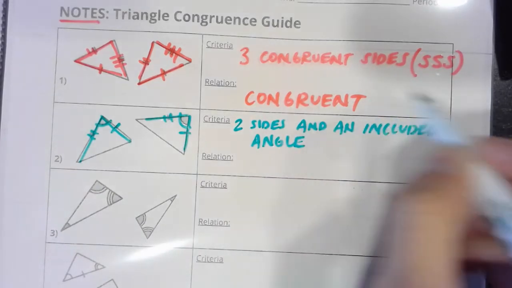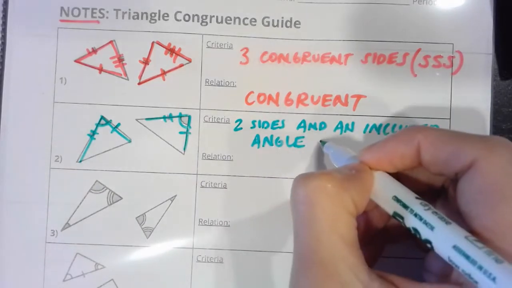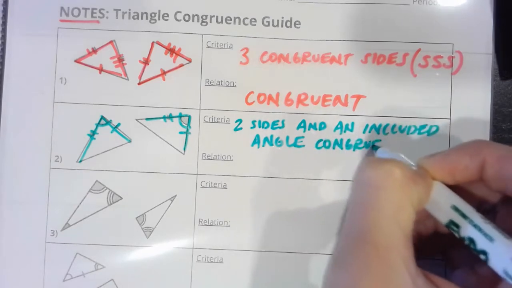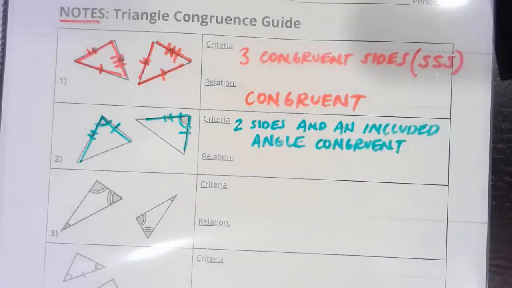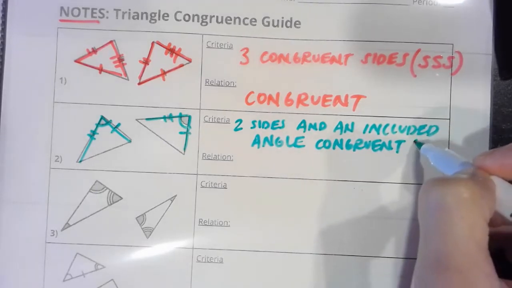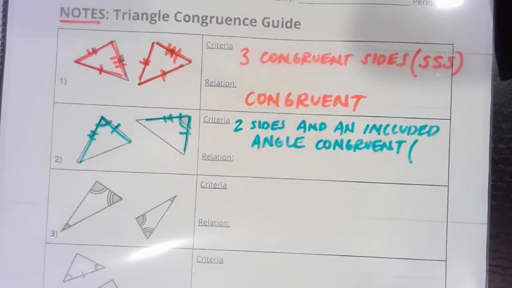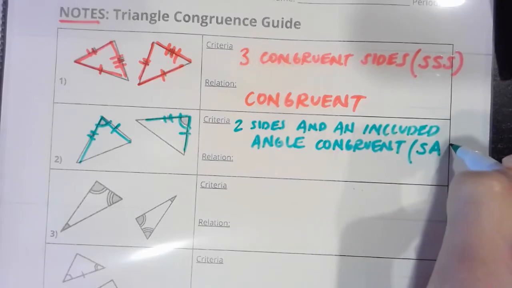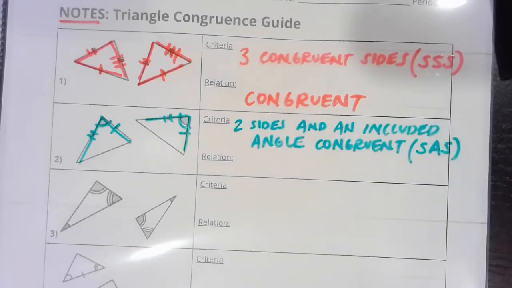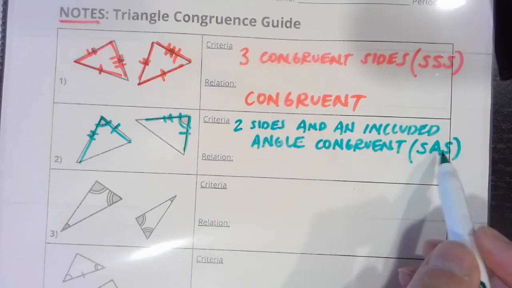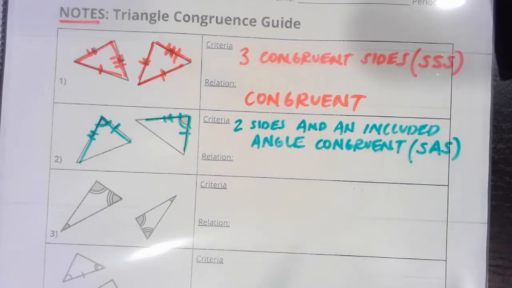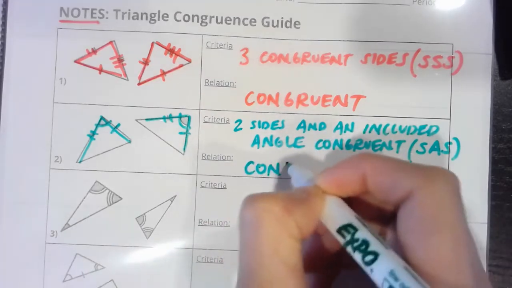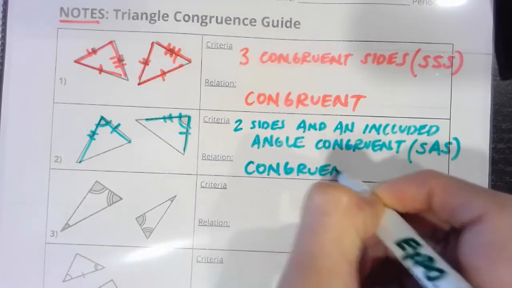And the shorthand that you might see for this is side, angle, side. It's the included angle. When that's the case, we can conclude that those 2 triangles are congruent.